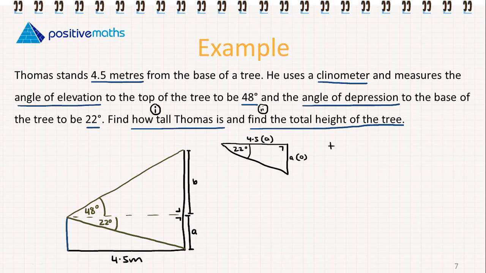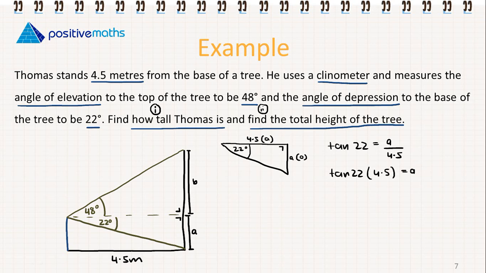So we're going to use the tan to find A. So the tan of 22 degrees is equal to the opposite over the adjacent. So that's A over 4.5. So therefore the tan of 22 degrees multiplied by 4.5 will give us A.